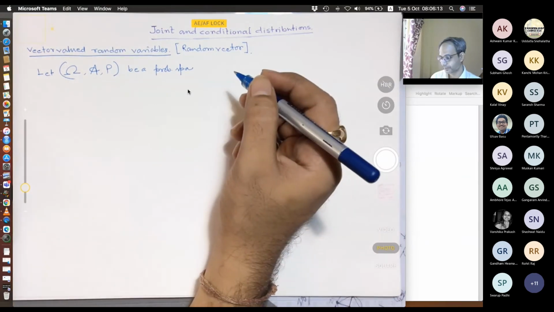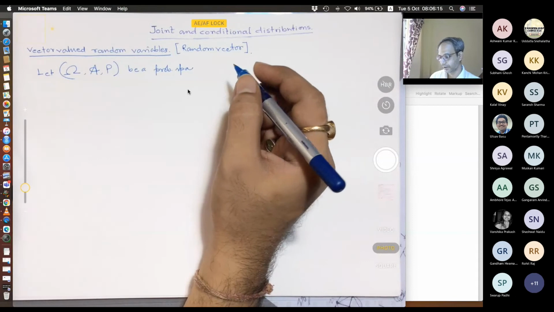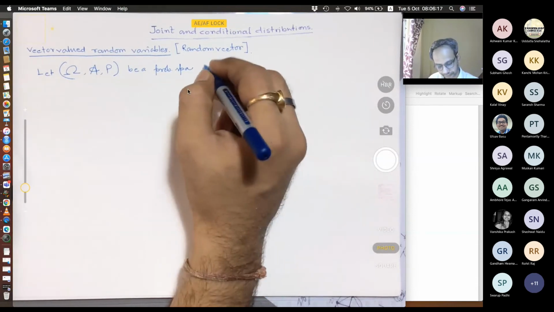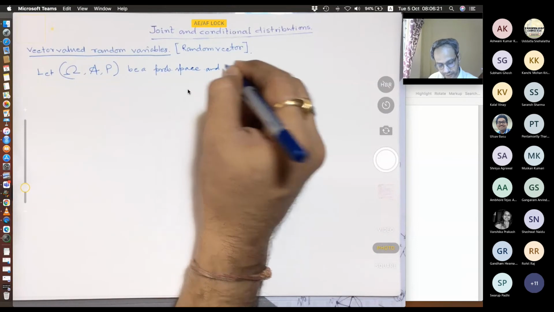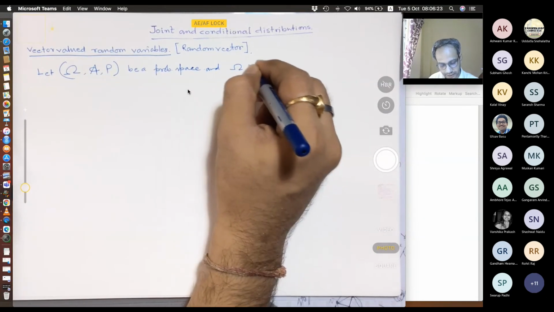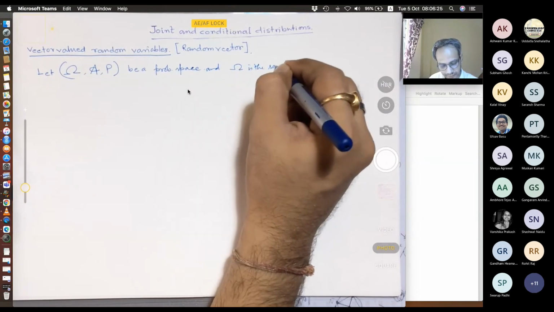So this is a probability space, and omega is the sample space.